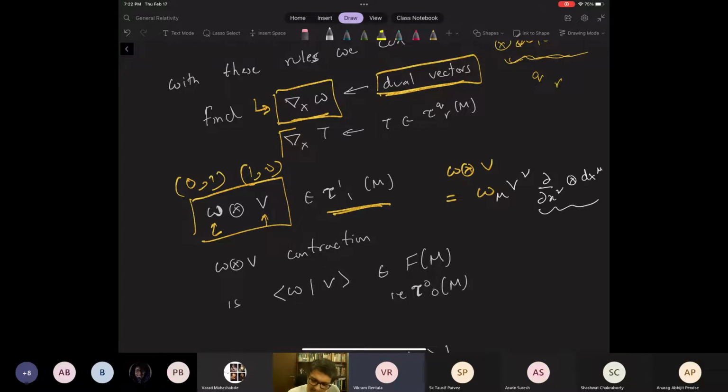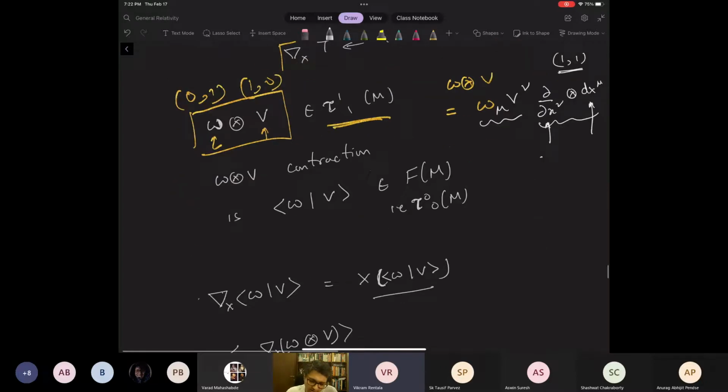This is a tensor basis of tensors of type 1,1, and these are the coefficients. This is how we defined what we mean by a tensor product. And you can see why it's a tensor of type 1,1, because this feeds on a dual vector and this feeds on a vector, and the result is a scalar.